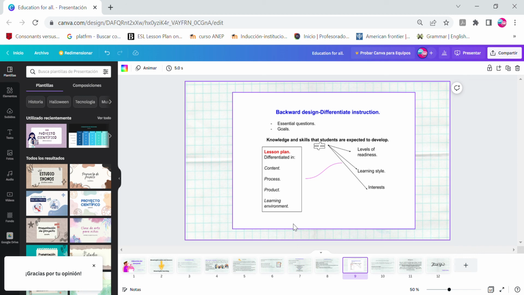And here is when we have differentiated instruction present. Our lesson plans will be differentiated according to the level of readiness, learning styles, and interests of our students, and we will produce differentiated content, process, product, and learning environment. I think the diagram is quite clear about how both approaches work together.